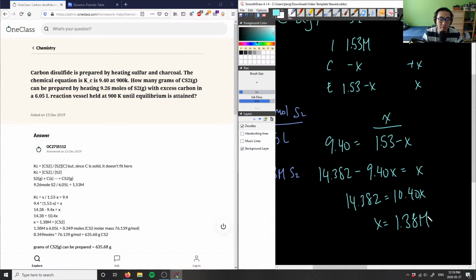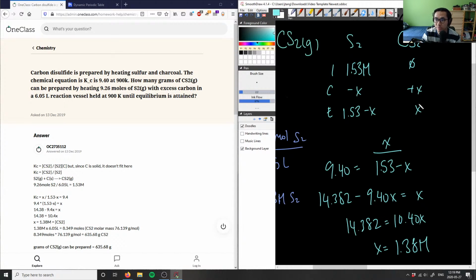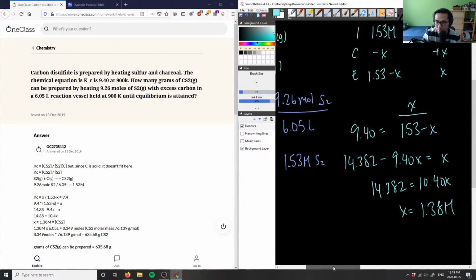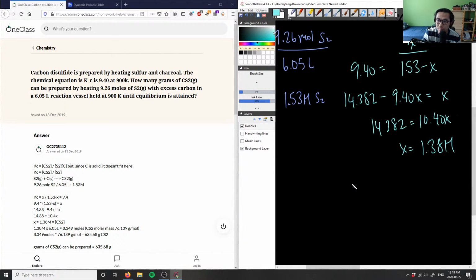And this is the molarity of our CS2, our carbon disulfide. Now we want to find the grams. If we're given our molarity, we can find our moles. So I know that the concentration of CS2 equals the moles of CS2 divided by the volume. So the moles of CS2 equals the concentration of CS2 times our volume.